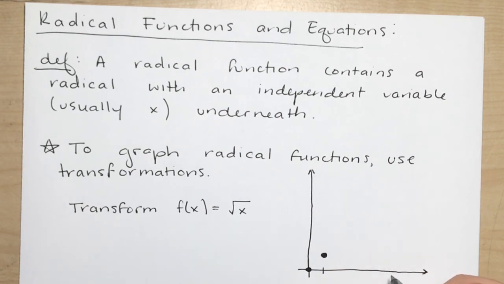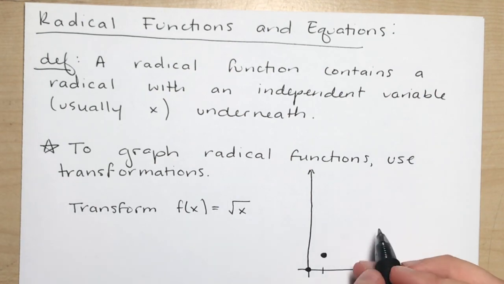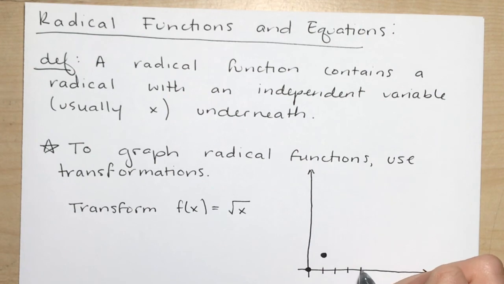What's the next nice square root number? Right? What's the next number that we can take a nice square root of and get a nice answer? 4, right? And what is the square root of 4? Well, positive 2.